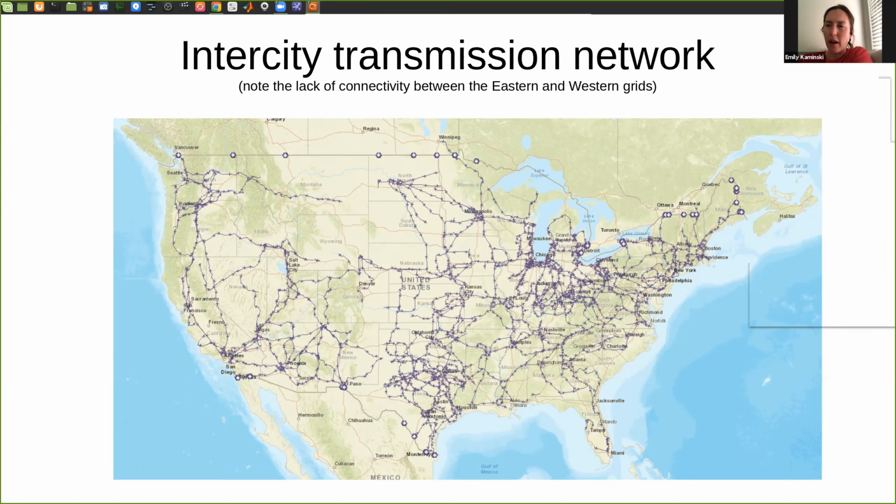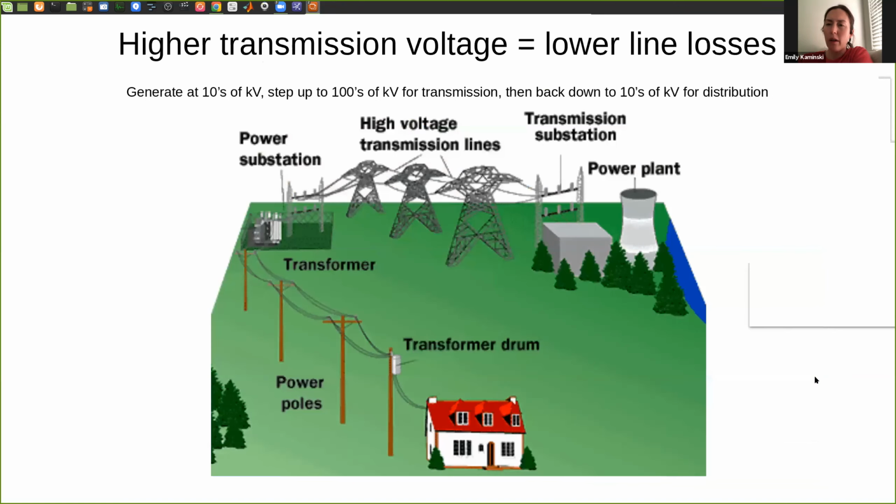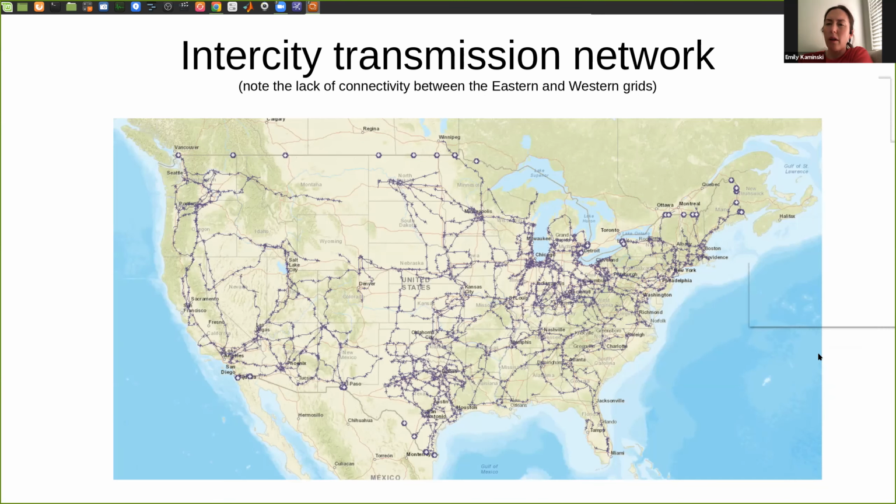Are those typically underground, or are they up in the sky and you'd be able to point them out? This is all overhead. It's like the big giant pylons that you see marching across the countryside. But you can't really see it in detail here.